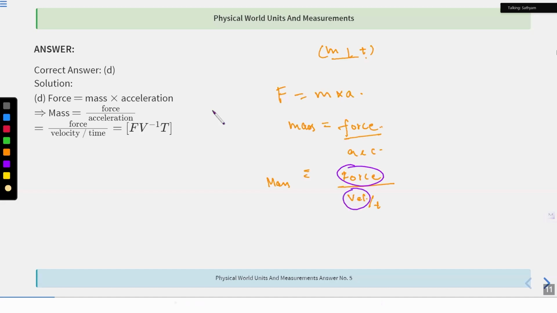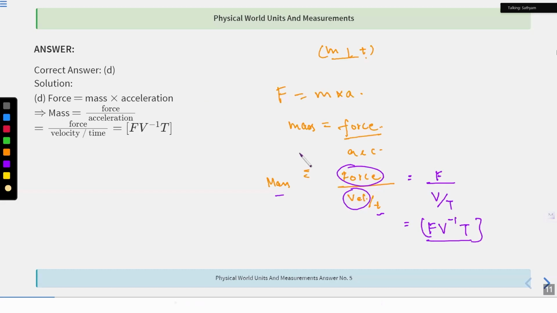Velocity is a fundamental quantity. Time is also a fundamental quantity. Then what is mass? So that is F. I will not derive F because it is a fundamental quantity, divided by velocity, divided by time. So time inverse goes up, and it becomes time positive. So F, V is on the denominator over here. So F V minus 1 T. This is the formula.